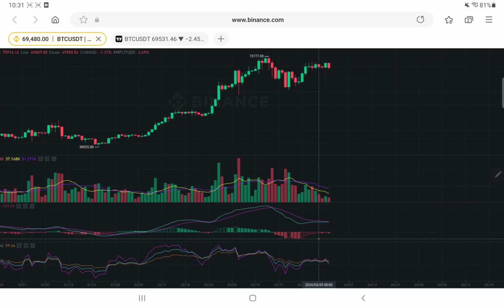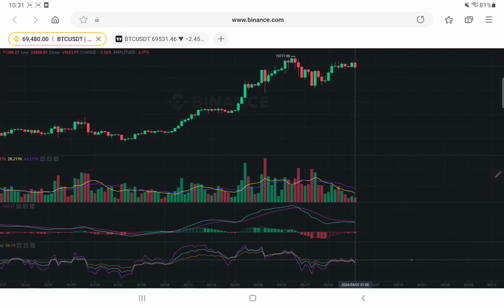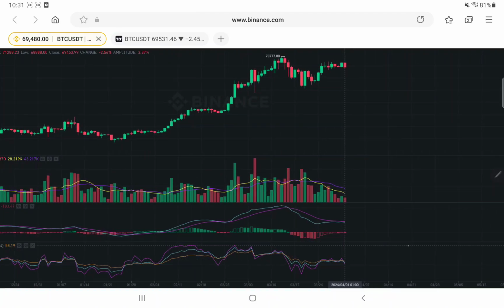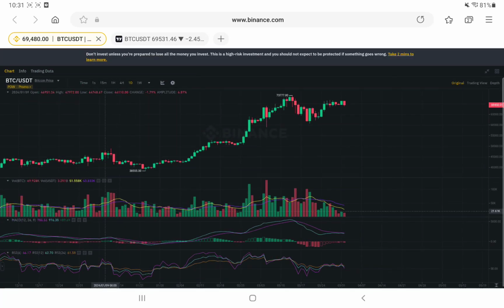We could start trending down again. And again, the RSI just shows a downtrend, the spreading. The wider the RSI is, normally the more it's going to go in one direction. So that's something to be wary of.